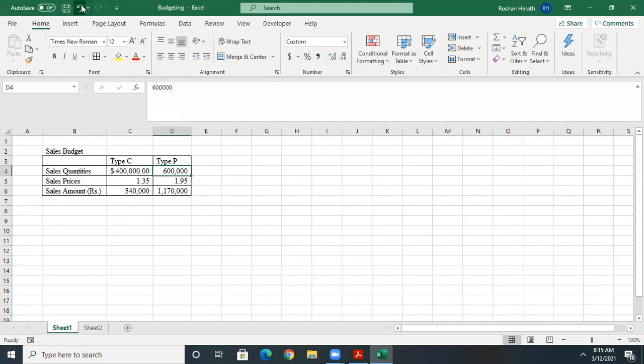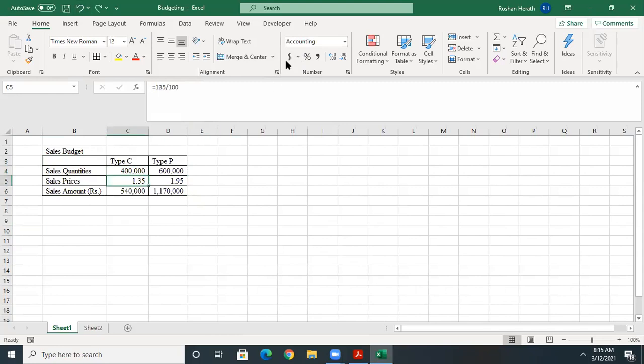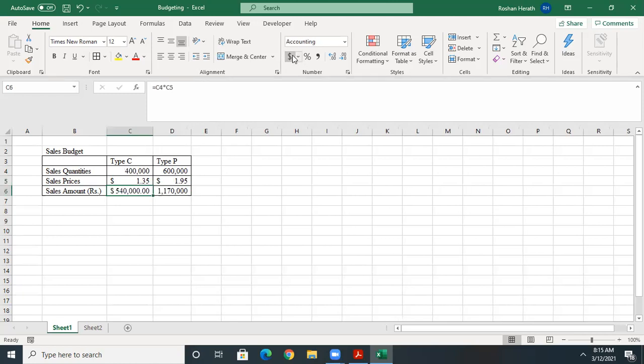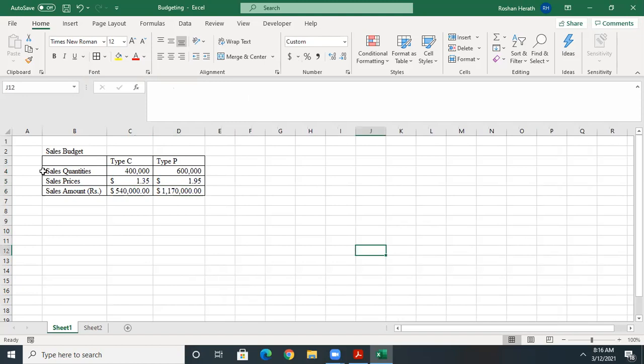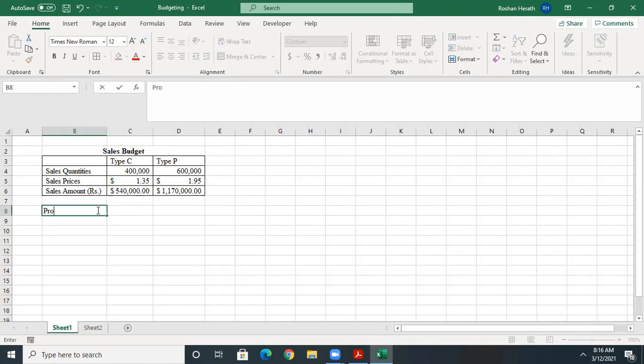Here we have per one unit the cost and its amount. Right, so this is your starting point, the sales budget. Then what is the question about? It asks about the production budget. So then you can work on the production budget.